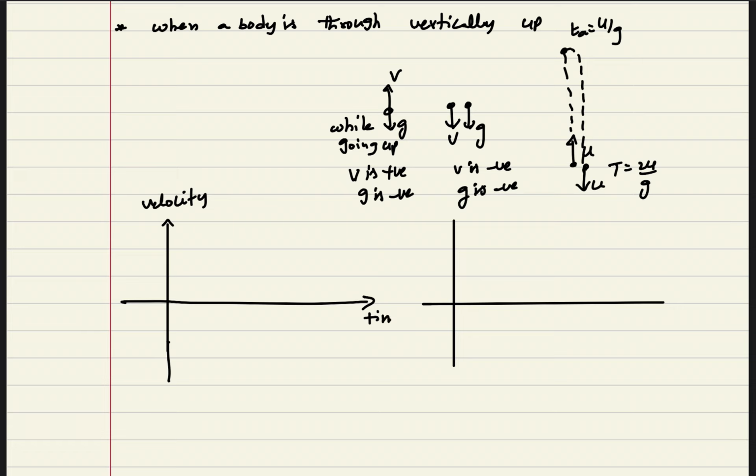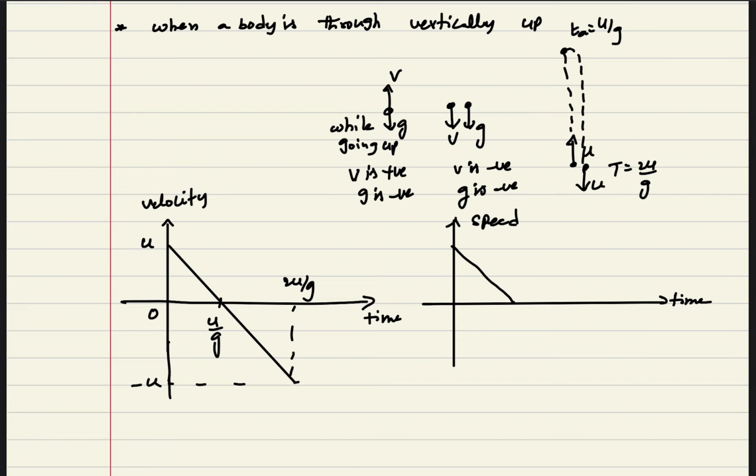This is the velocity-time graph, and this is the speed-time graph. If you draw the velocity-time graph, it will come like this. Why? Initial velocity at t is equal to 0 is u, at the time of ascent u by g velocity is 0, and at 2u by g it again reaches the same velocity, minus u.